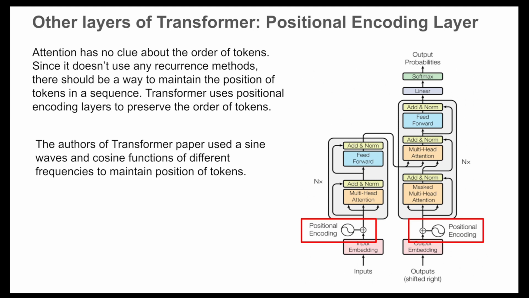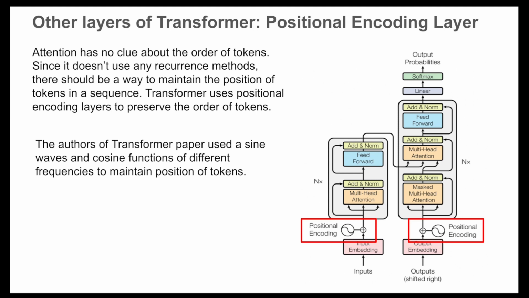The original transformer used sine and cosine functions of different frequencies to maintain the position of tokens. In the paper they also show other approaches they tried, and compare the performance when using positional encoding layers versus not using them.